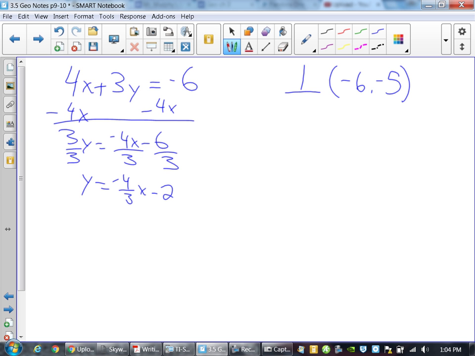So what's your original slope? Very good. Your original slope becomes negative 4 over 3. What's perpendicular to negative 4/3?